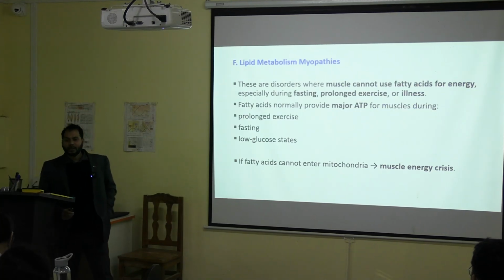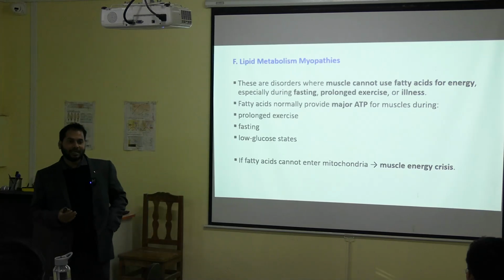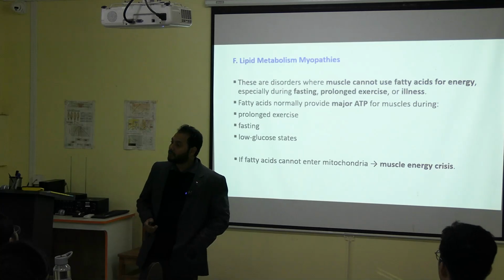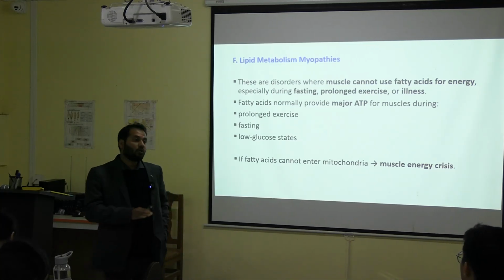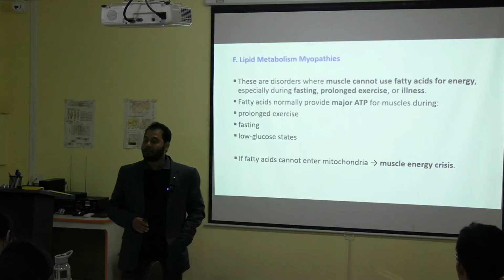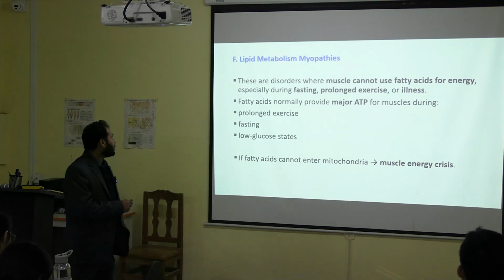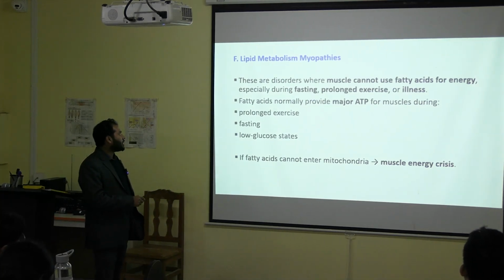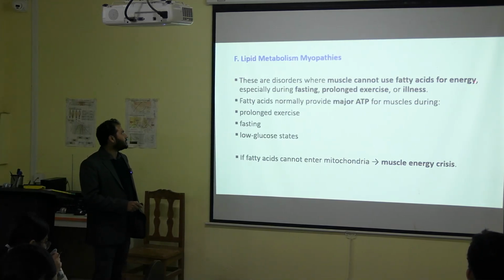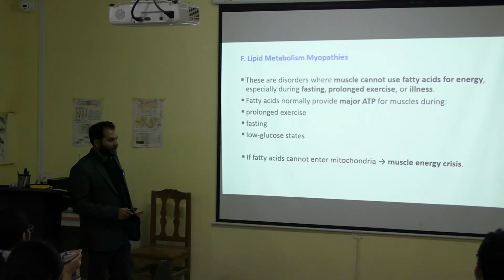Another important source, other than stored glycogen or glucose, we can see the source of energy is fatty acid, है ना? तो skeletal muscle में कभी-कभी ये भी देखा जाता है, though there is an availability of fatty acid or free fatty acid, but muscles are unable to utilize that energy source too, right? So यहाँ पर देखो लिपिड मेटाबॉलिज्म मायोपैथीज में क्या हो रहा है? These are disorders where muscles cannot use fatty acids for energy, especially during fasting, prolonged exercise and during illness.